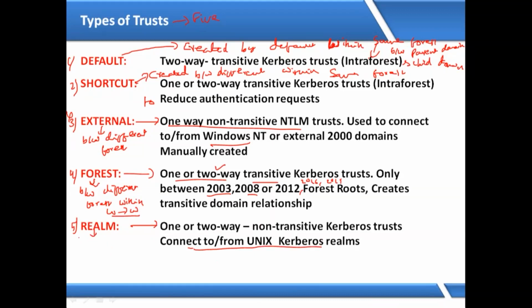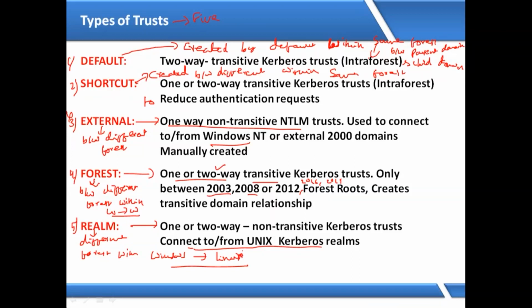Your company server is Windows, but the other company's server might be Linux, because you cannot force the other company to use Windows. In that case, can you use the forest type trust? No. So if your company is on Windows and the other company is using something other than Windows, like Linux, then you have to use the Realm trust.